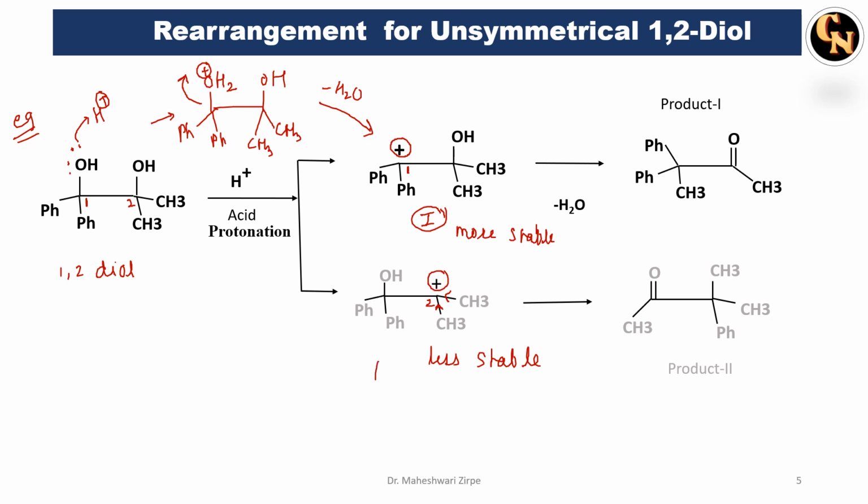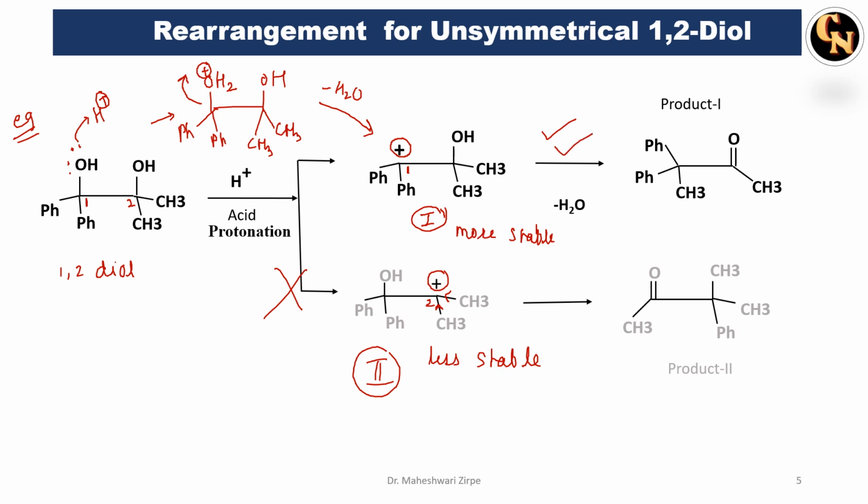So this second structure is not possible. There is no formation of a carbocation on the second carbon, whereas on the first carbon the carbocation is going to form and the reaction will proceed like this.